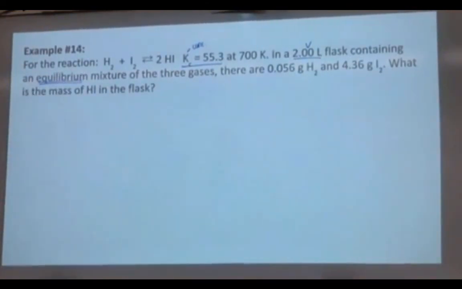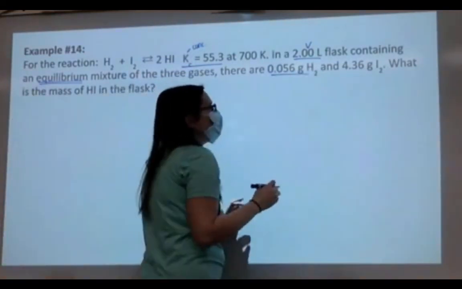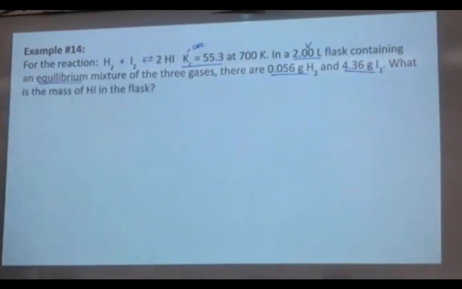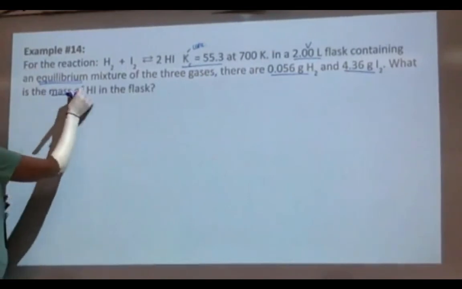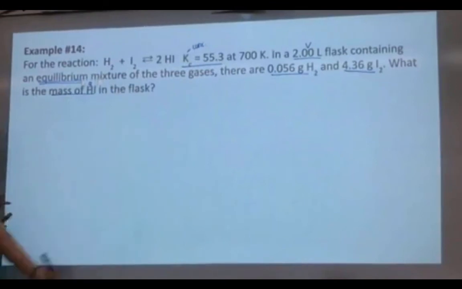That means that all of these gases are already at equilibrium. There's no need for an ice table. There are 0.056 grams of H2 and 4.36 grams of I2. What is the mass of HI in the flask? Mass means that we should be solving for grams of HI.